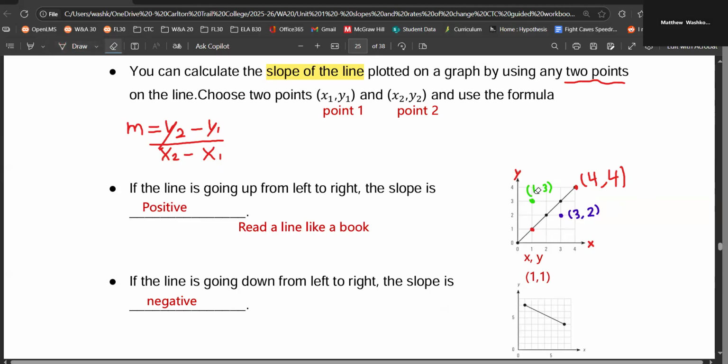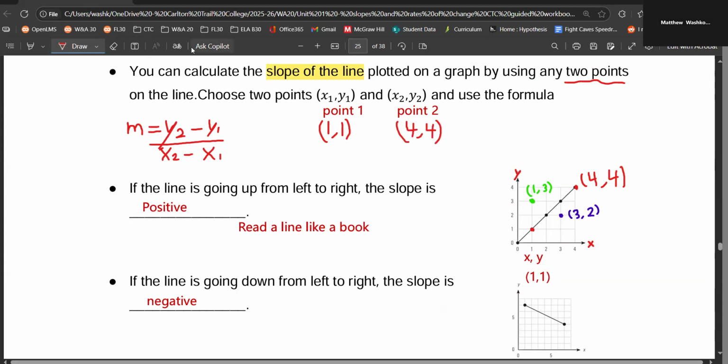So you can ignore the green and the blue. As I go from left to right, what's the first point I see? It's (1, 1). So my first point here is going to be (1, 1). Always format it like this. Put the brackets, put the comma. Don't get lazy with it. I promise it's helpful. My next point here that I've chosen is (4, 4). You could pick any point on there. It doesn't matter. I'm just picking those 2 randomly.